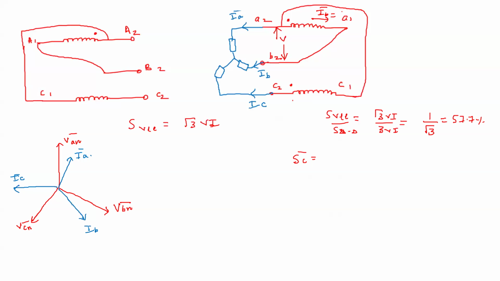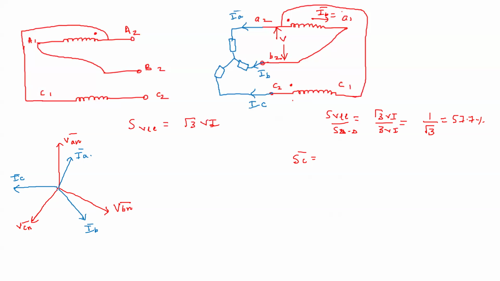So what is the power in these two windings? You see the current IB is flowing in the VAB winding, right? So the VAB winding and current IB decide the power. The voltage across this is VAB and the current through this winding is IB. So let me first draw here.